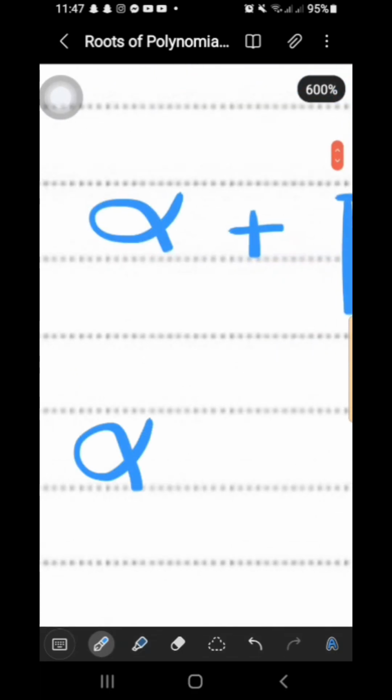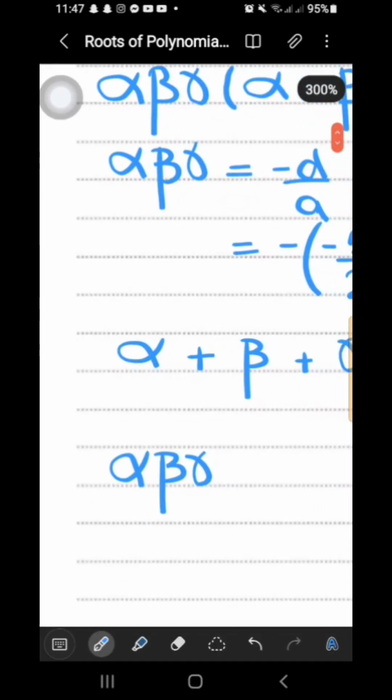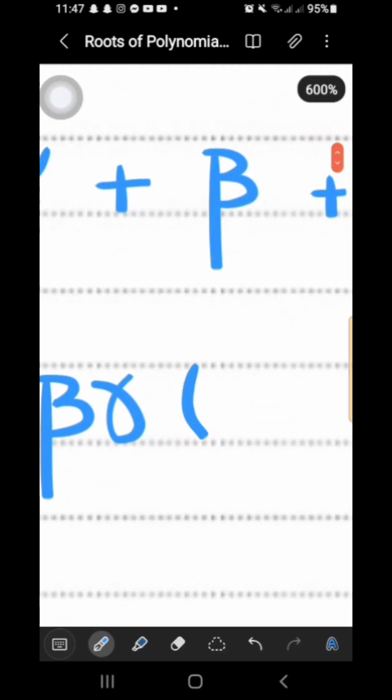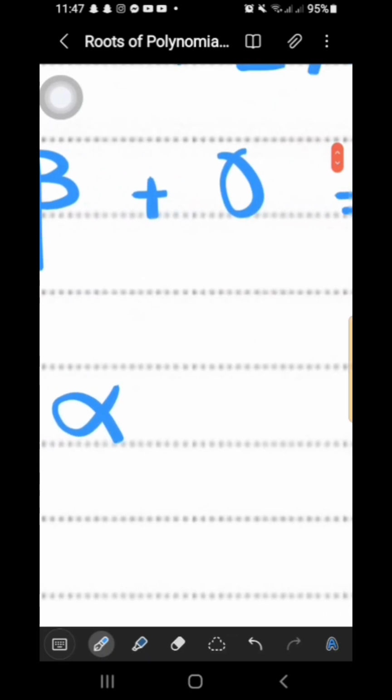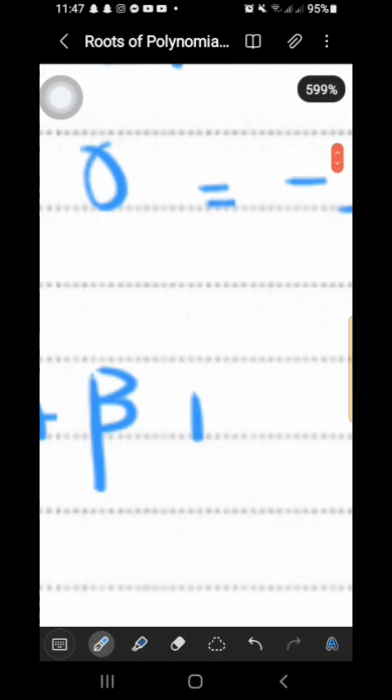Alpha beta gamma will get multiplied by alpha plus beta plus gamma.